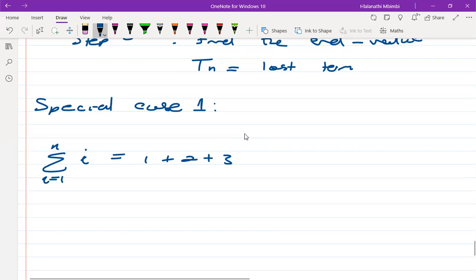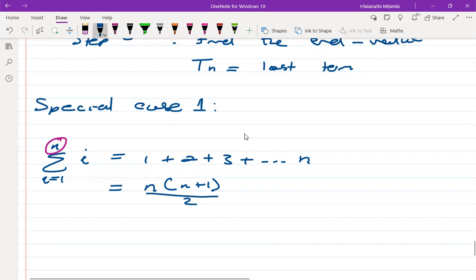If I do this up to n terms, I can write it as n plus 1 divided by 2. That's a special case. In that special case, you must always start at 1.